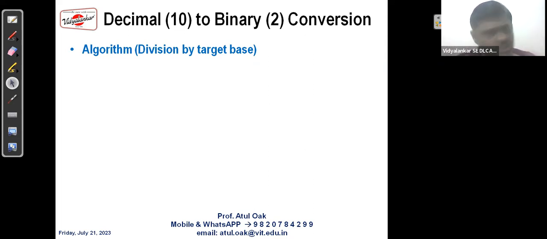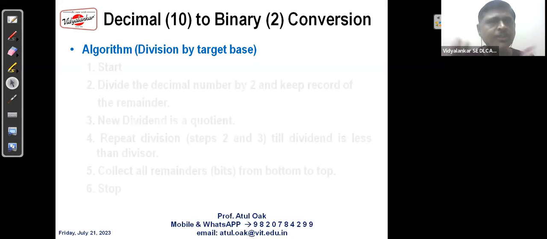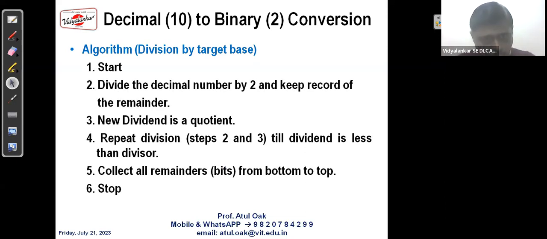So the algorithm is very simple. This is the algorithm. You can just go through. We will apply it. Okay. This algorithm is called division by target base. Observe it. What is the algorithm? Division by target base. Now, what is the target? Let me make you familiar.